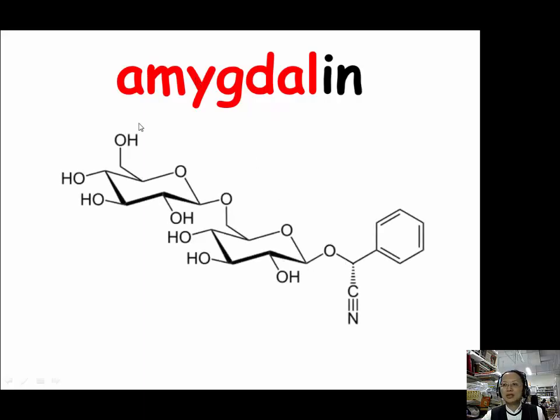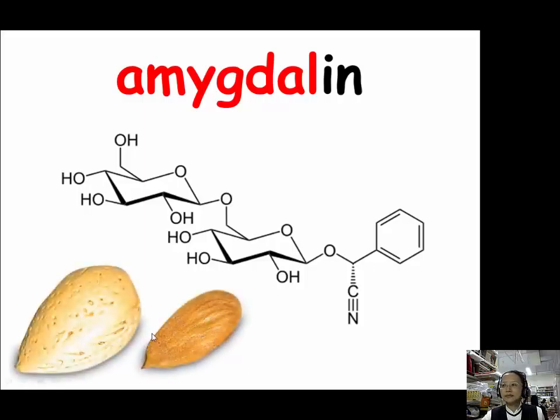What is amygdalin? Amygdalin is a glycoside of benzylaldehyde and hydrogen cyanide found in bitter almonds. And in the kernels of some other fruit, we can also find amygdalin too. It is often the cause of cyanide poisoning in animals eating them in large amounts.